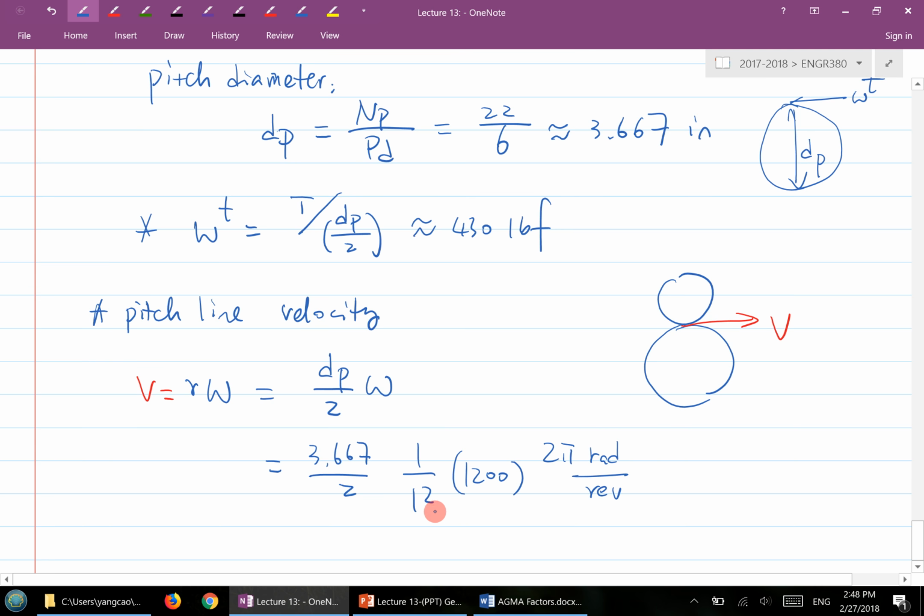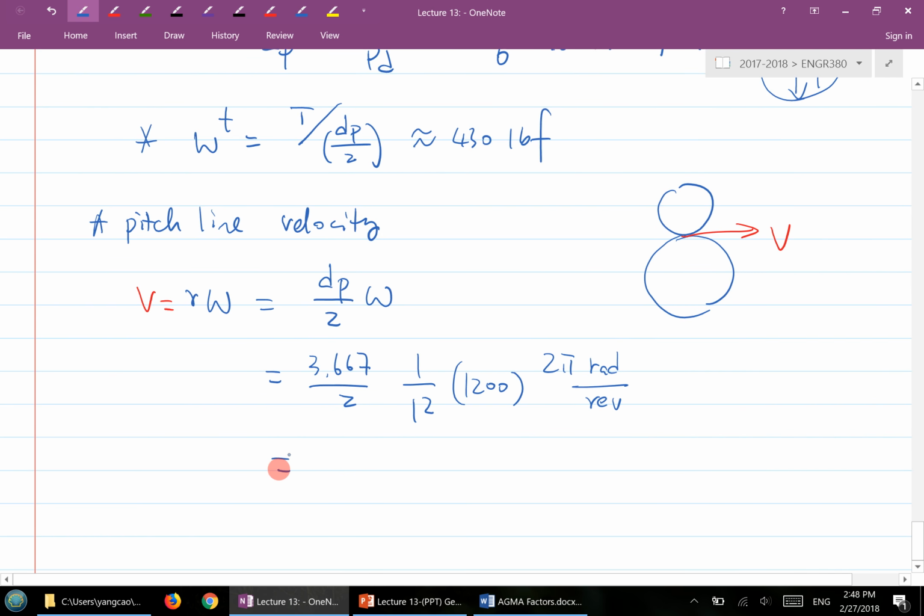And then divide by 12 to convert from inch to feet. This will give us 1152 feet per minute. That's the standard unit for the pitch line velocity. It has to be in feet per minute.